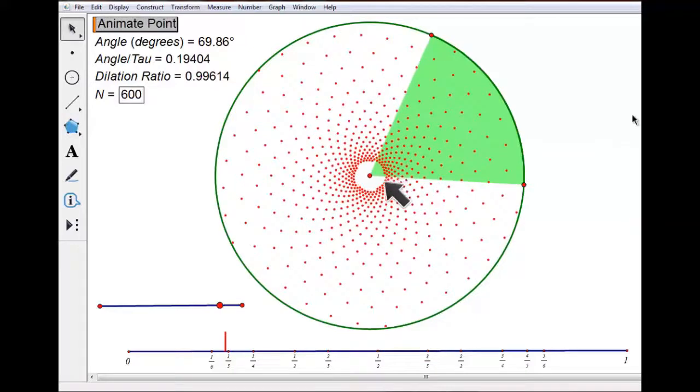There's 1/5. If you look in the middle, you see a sort of 5-sided figure. When I start it up again, just watch the middle.